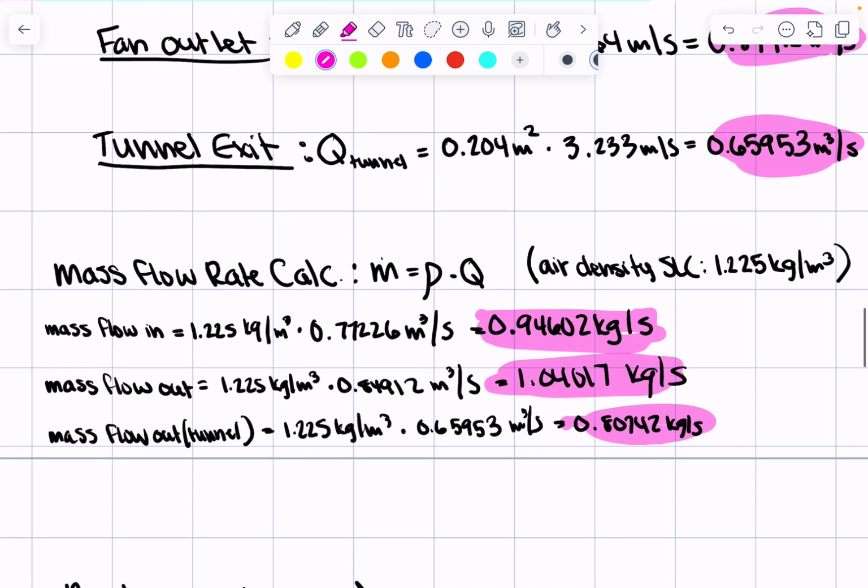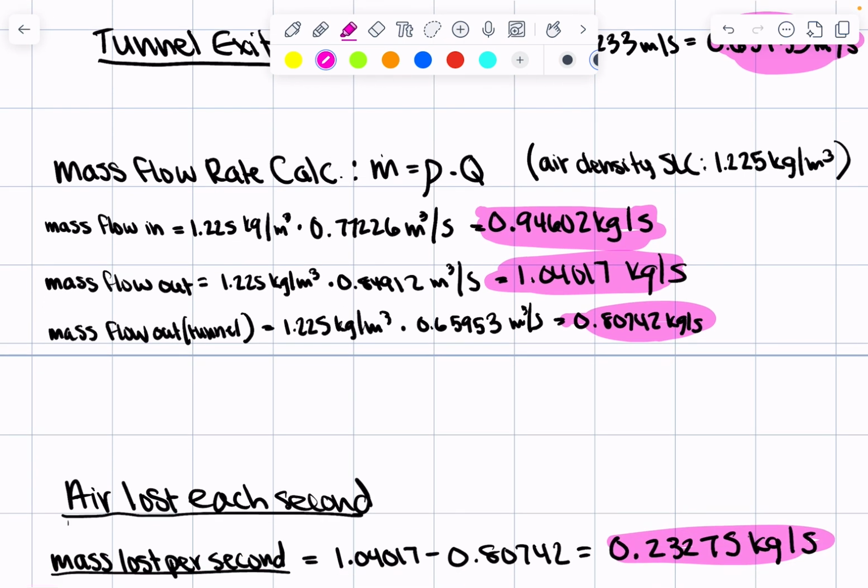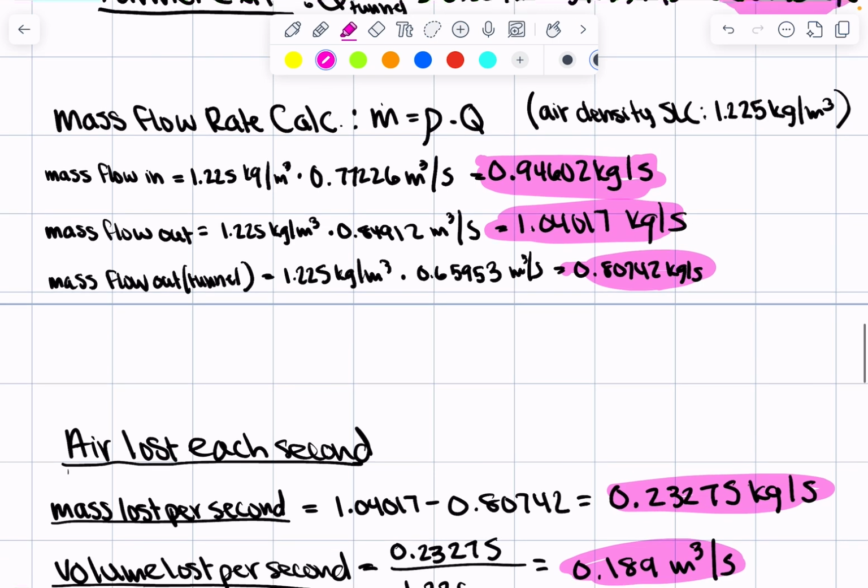So using that, I got my mass flow into the fan is 0.94602 kilograms per second. My mass flow out of the fan is 1.04017 kilograms per second. And my mass flow out of the tunnel is 0.80742 kilograms per second.